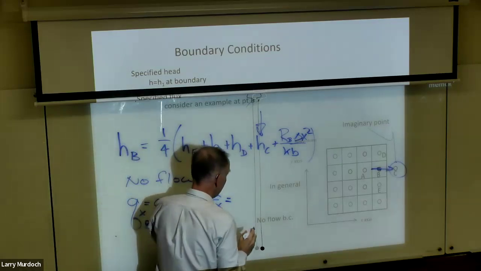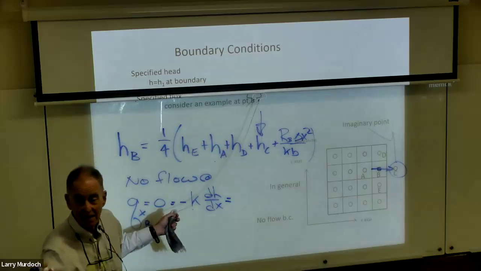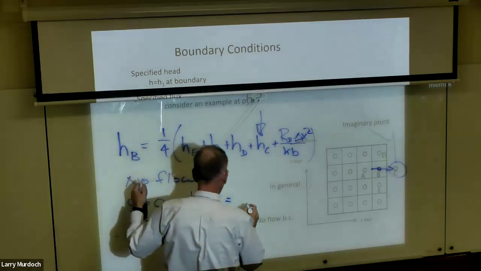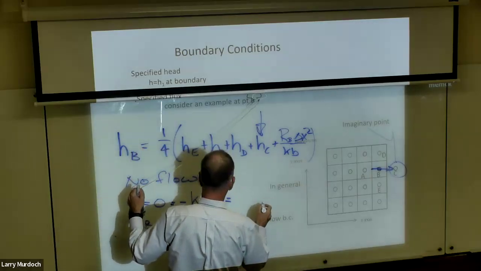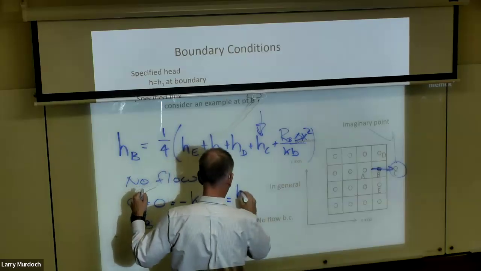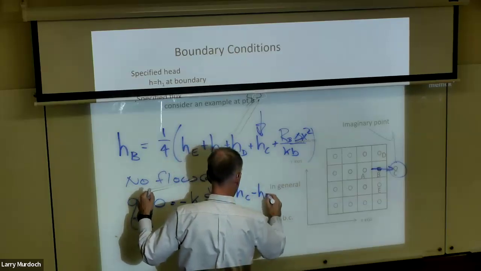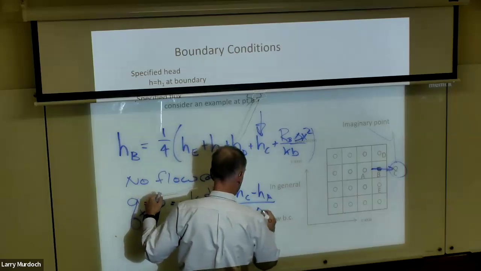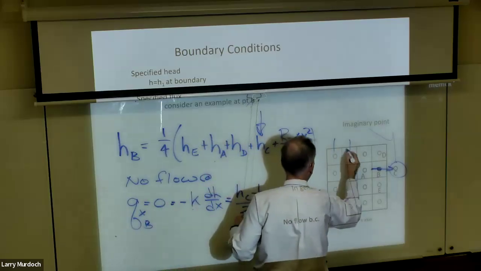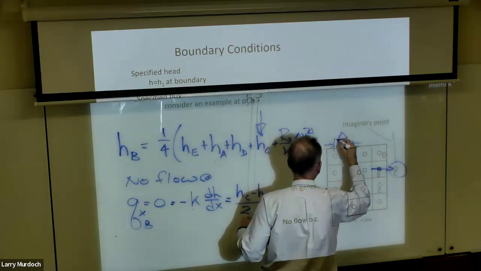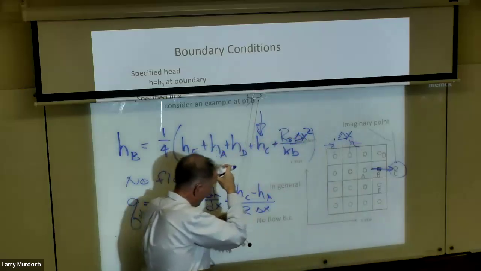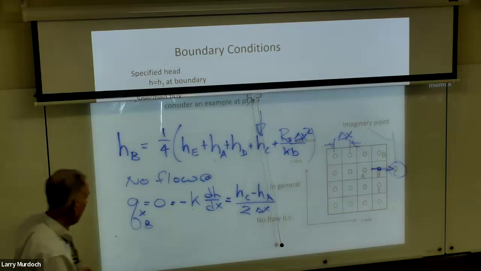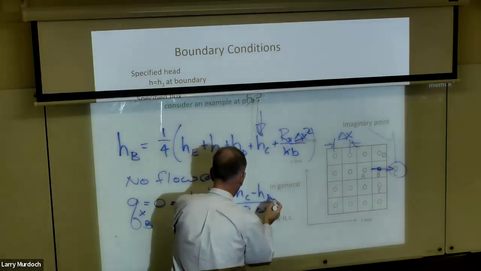If we write that in finite difference form as a centered first derivative, then that would be H C minus H A over 2, let's call it 2 delta X. So this would be delta X. Okay, we can include this too.